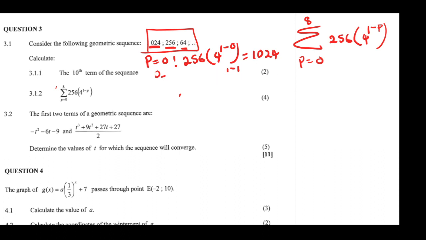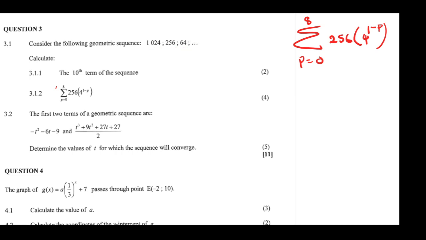We're just going to write down our first 3 terms, approaching it in the most basic way possible. It's 1024, 256, and 64, and obviously it continues. So our a value is 1024. Our r we found to be 1 over 4 in the previous question.